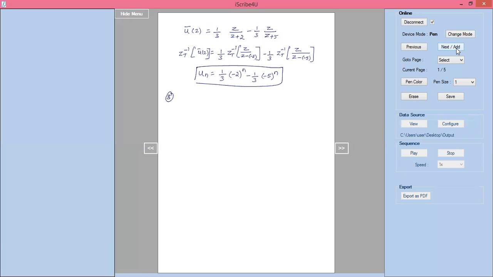Find Z inverse of 3z square plus 2z divided by 5z minus 1 into 5z plus 2. Now I'll write the solution.